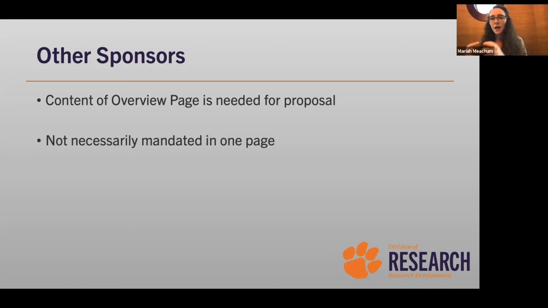USDA requires an abstract that's the same content, but condensed into 250 words. Other sponsors, it's spread out. So the way you structure that narrative for the whole proposal follows these same sort of ideas. So hopefully we'll hear from our panelists today about how they've leveraged the content of an overview page when dealing with other sponsors.